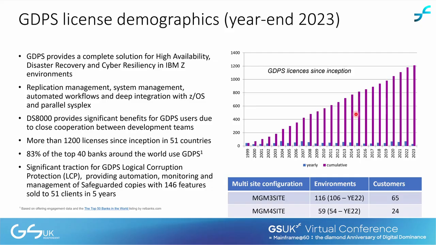GDPS is found at 83% of the top 40 banks around the world. And we just manage the entire Sysplex from start to finish. And many of our clients are actually moving from MGM 3 site to MGM 4 site as well, to get that redundancy and to get that symmetrical configuration that allows for switches, stay, and site toggling.